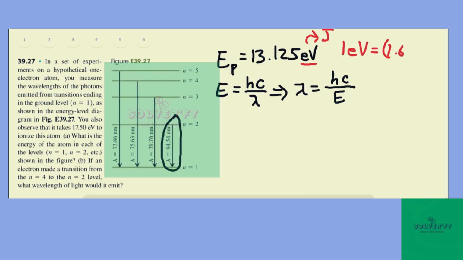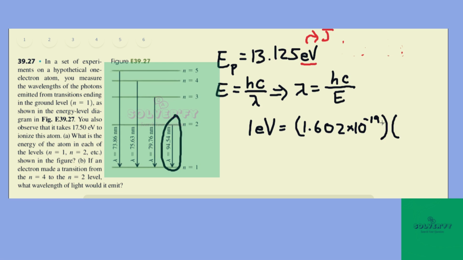Here, I'll rewrite this somewhere where we have more room. So 1 electron volt, eV, is the electron charge, 1.602 times 10 to the negative 19 coulombs, times 1 volt.